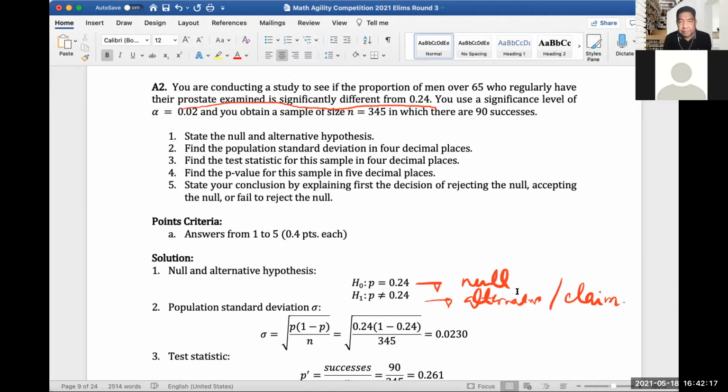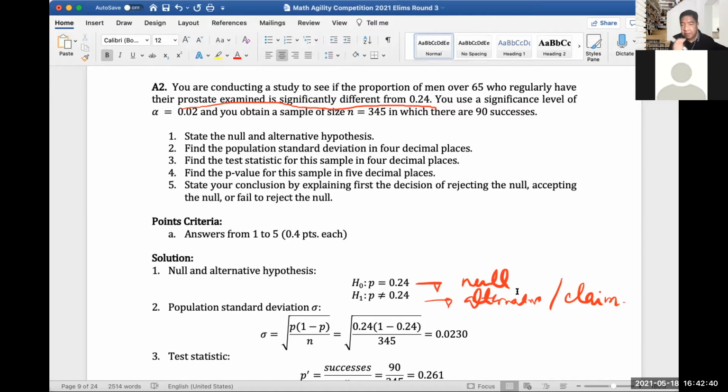Okay. So let's do the next requirement. Find the population standard deviation in 4 decimal places. Since this is a sample proportion problem, we would use the population standard deviation formula: sigma equals the square root of p times (1 minus p) all over n.